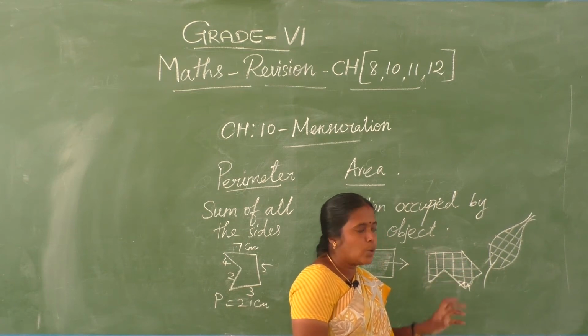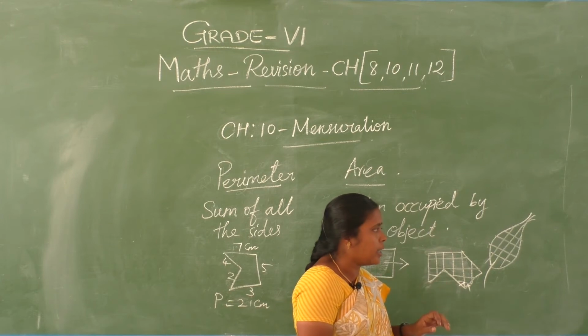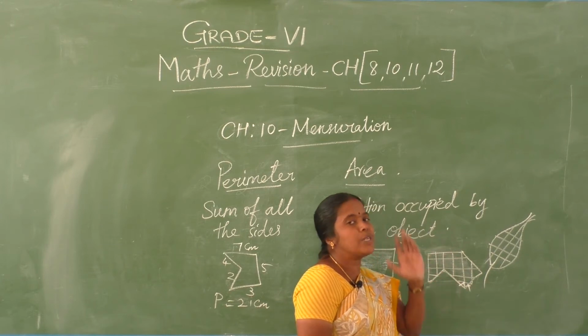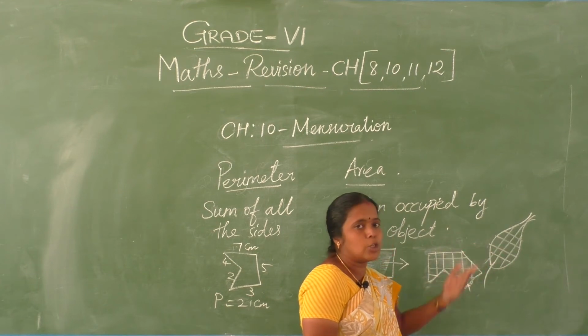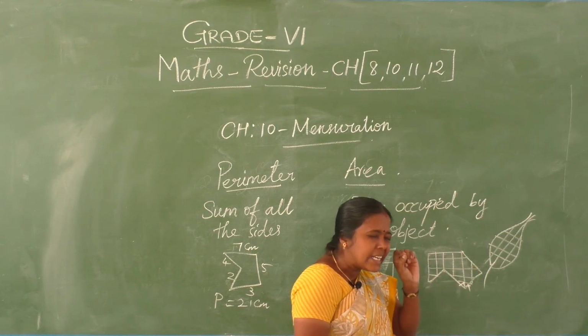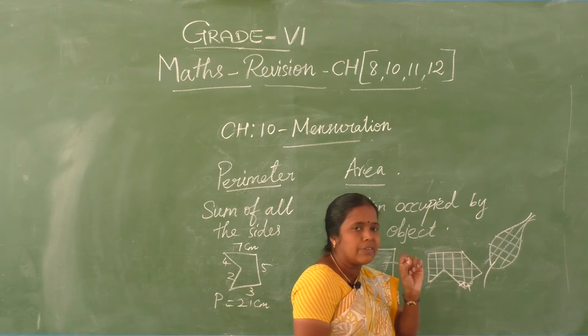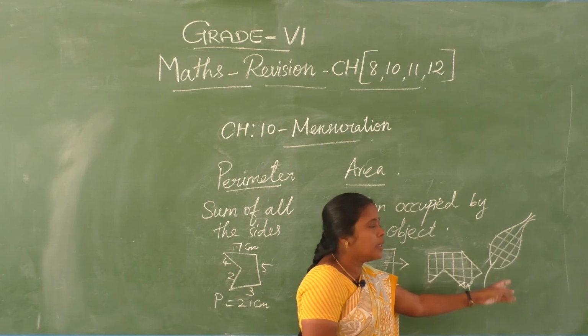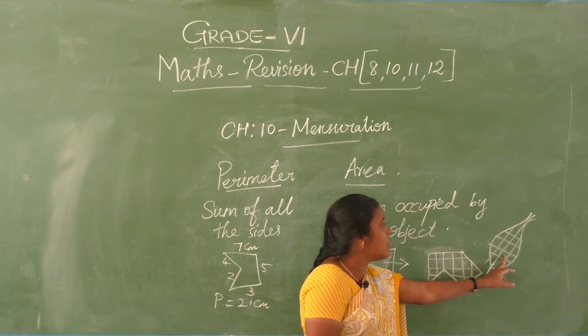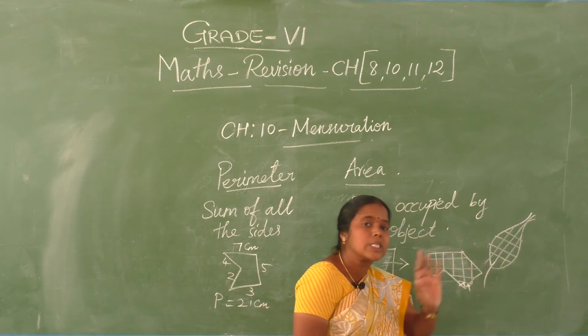The procedure for calculating area is the number of half squares plus the number of full squares. In the full squares category, squares with more than half also have to be added. Less than half, the least portion, you can omit. This is the procedure for finding the area of irregular shapes approximately.